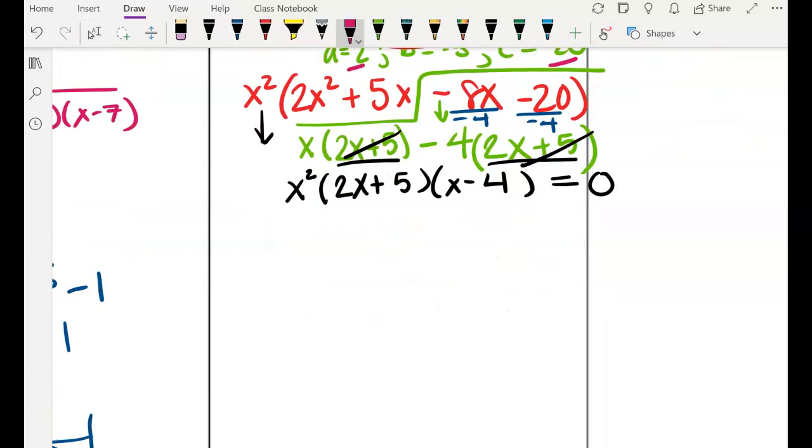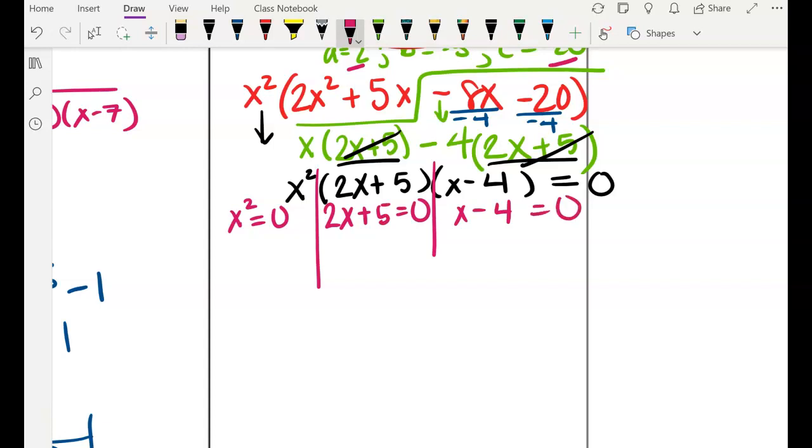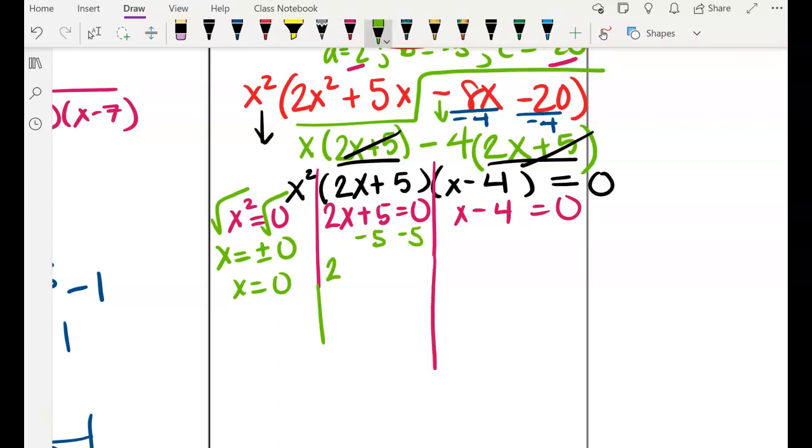Now take each factor and set it equal to 0. X squared equals 0. 2x plus 5 equals 0. X minus 4 equals 0. Well, even if we square root both sides, students, that means x equals plus or minus 0, but 0 doesn't have a plus or minus, so x equals 0 is our answer here. Minus 5 from here, minus 5 from here, so that means I'm going to have 2x equals negative 5.